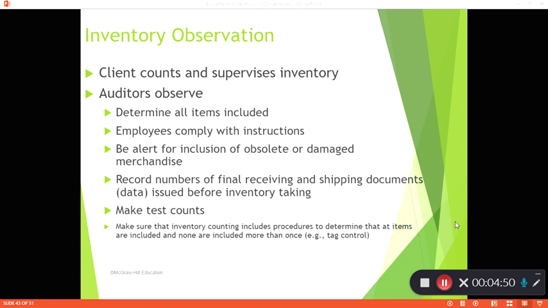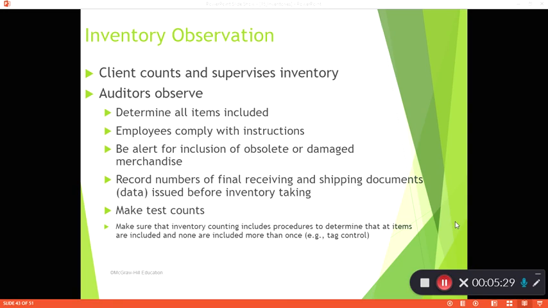Then we as auditors want to know, if they're going to take inventory on a certain day, what the final receiving reports and the final shipping documents before that would be. Ultimately, when they do the count and compare it against the accounting records, we want those records to be up to date as of the transactions occurring right before they take the inventory. And then there's doing test counts.